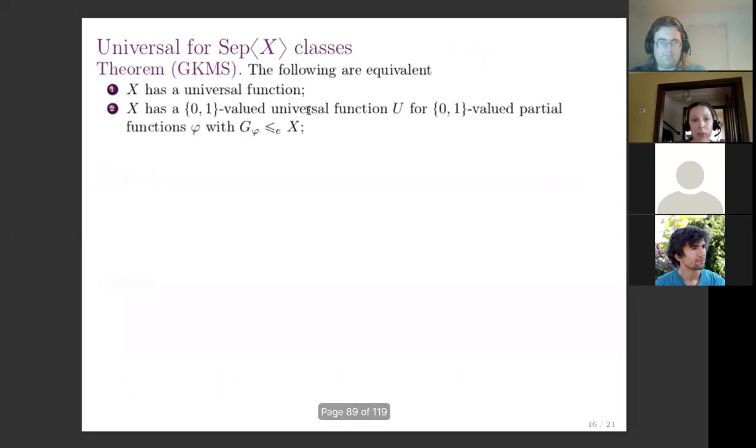But now with this extra uniformity, the mystery is solved, because we have that X has a universal function if and only if X has a universal function with respect to 0,1 valued functions. Again, this equivalence just uses the same trick. No new ideas here.